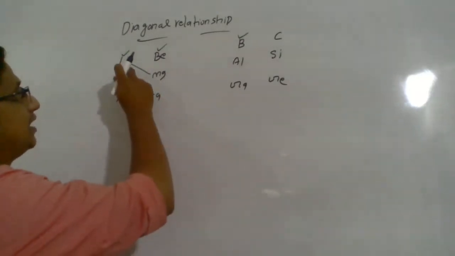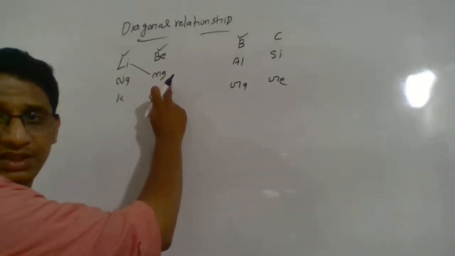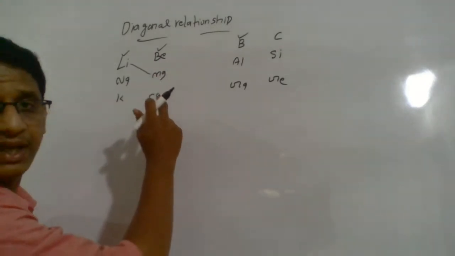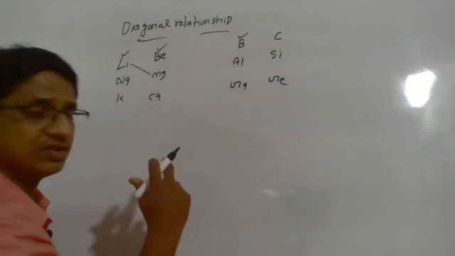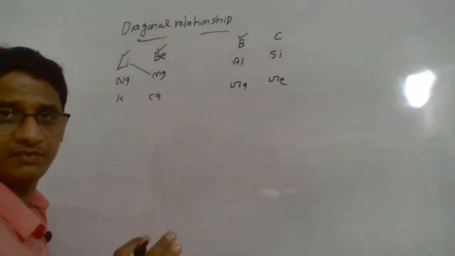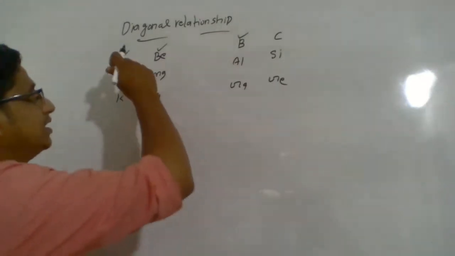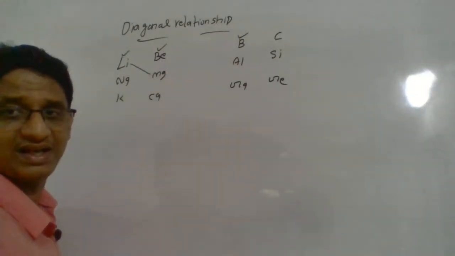For example, lithium has similarity in chemical properties with magnesium. Lithium and magnesium are diagonal to each other in a standard periodic table, and in the modern periodic table too, lithium and magnesium are diagonal to each other.